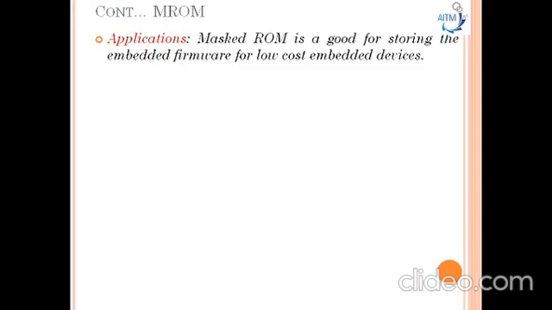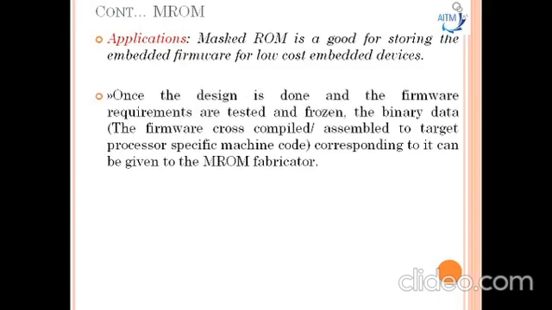Now the applications of mask ROM. It is good for storing the embedded firmware for low cost embedded devices here. Once the design is done and the firmware requirements are tested and frozen, the binary data, so the code on the chip, the binary data corresponding to it can be given to the MROM fabricators here.